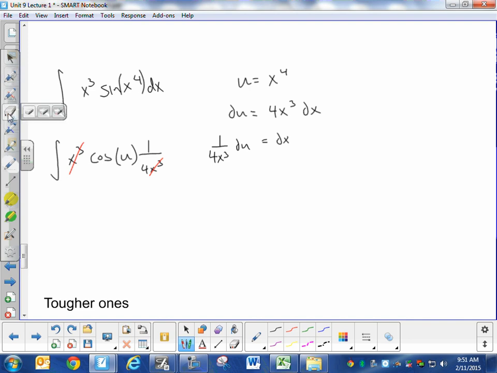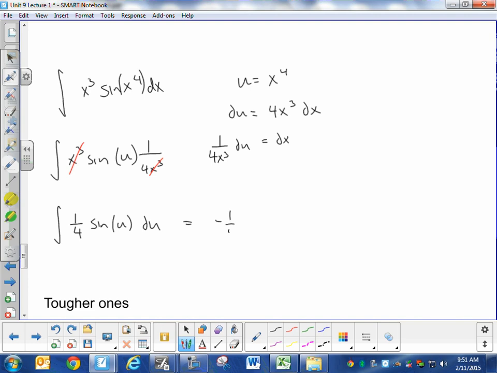Cool. Everything is right in the world. I get a simpler function that I can take the antiderivative of. That's 1/4 sine of u. The antiderivative would be negative cosine.